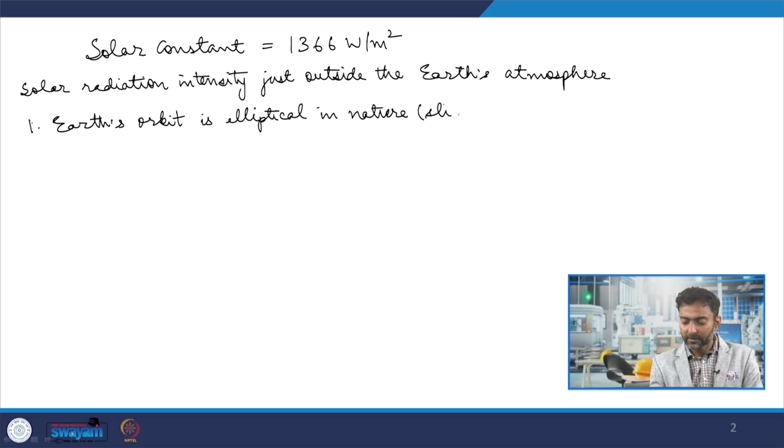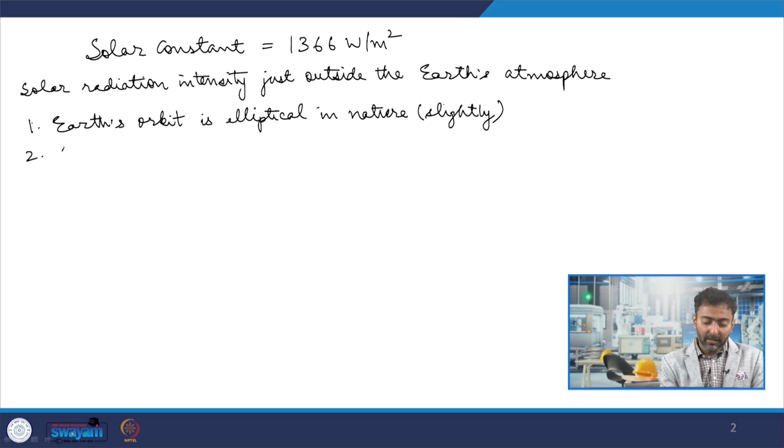Not to a very large extent, but slightly elliptical in nature. That means the earth sun distance is not constant throughout the year. There is some variation in that. That is one of the reasons why this solar constant is not an exact constant.